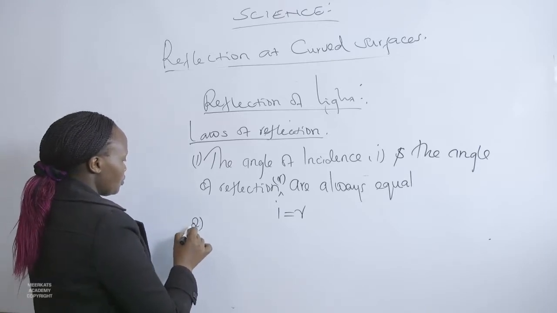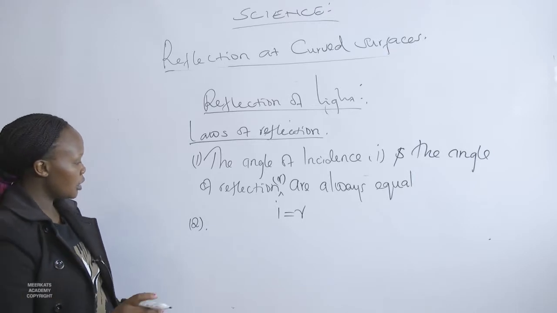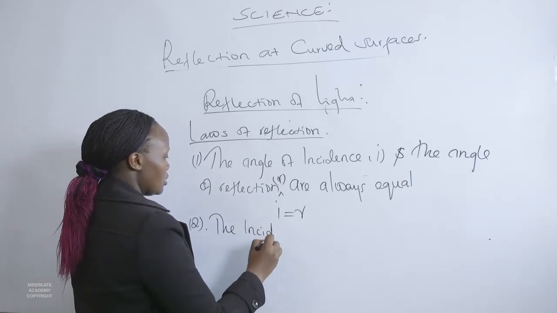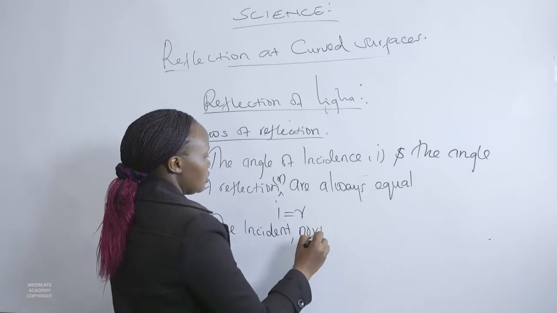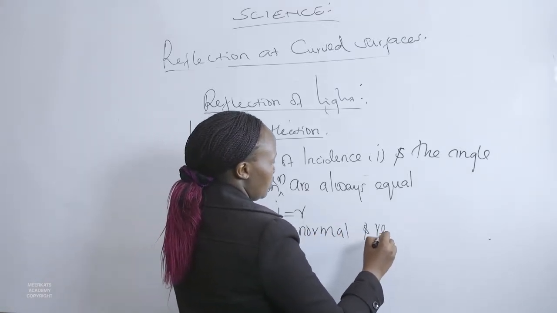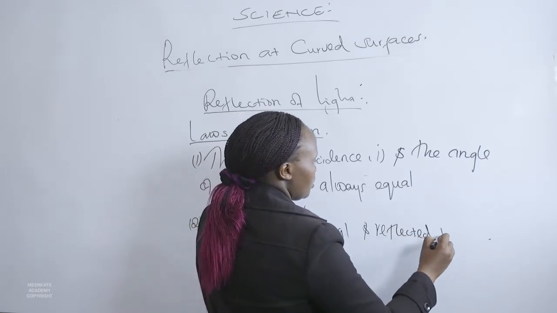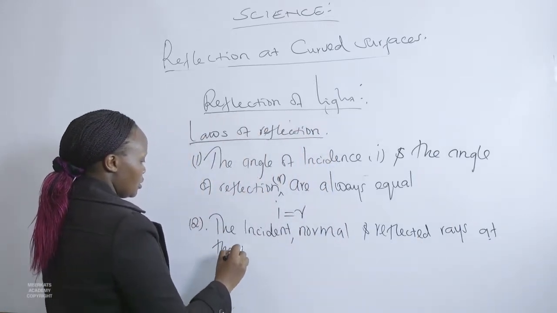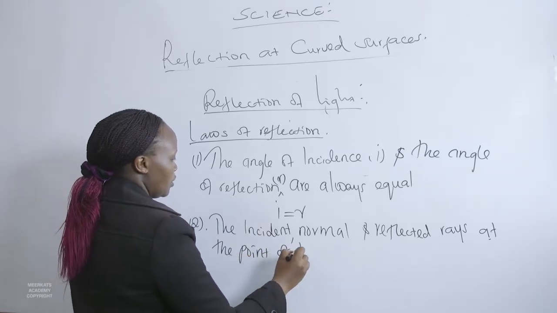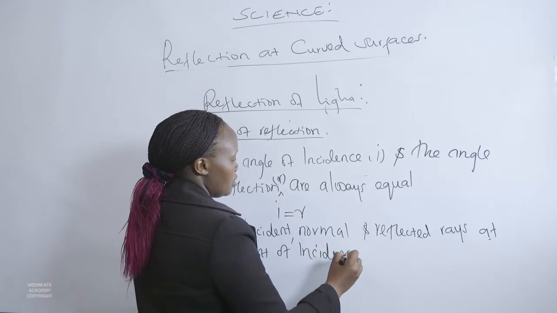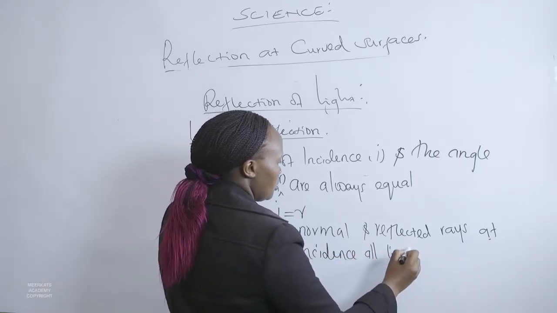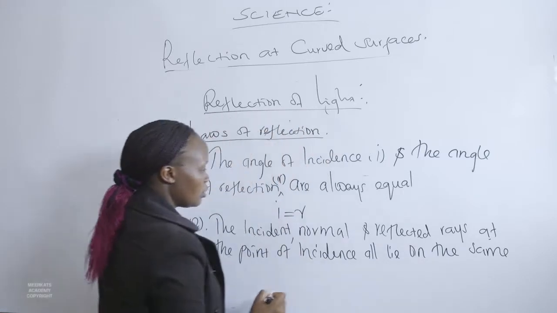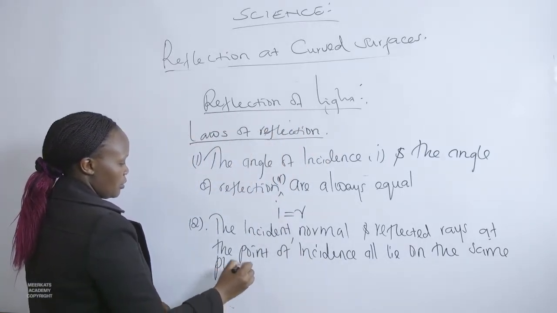Number two talks about the three rays, and it states that the incident, normal and reflected rays at the point of incidence all lie on the same plane, or lie on the same plane.